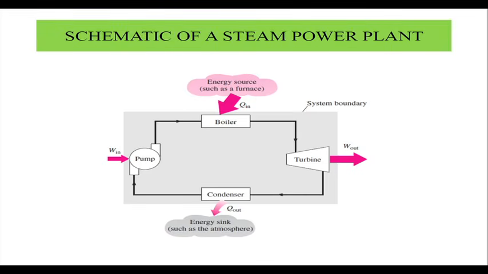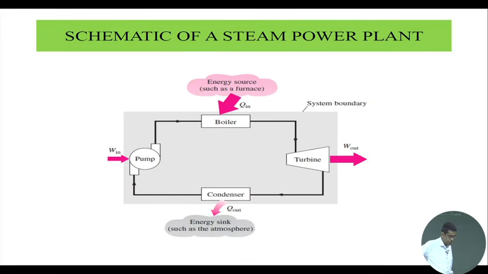There is a boiler where the combustion of a fuel, usually coal, takes place, and the high temperature gas after the combustion heats the water in the boiler. Water is the working substance. This is converted into steam, and then this expands in the turbine to give work.